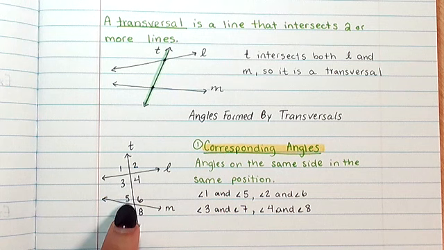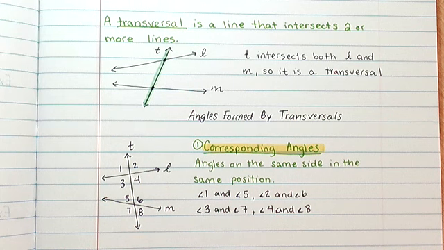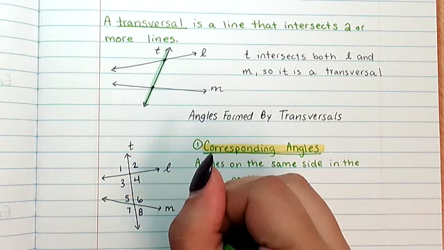Again, 1 and 5, 2 and 6, 3 and 7, 4 and 8. There will always be 4 pairs of corresponding angles for each set of lines cut by a transversal.